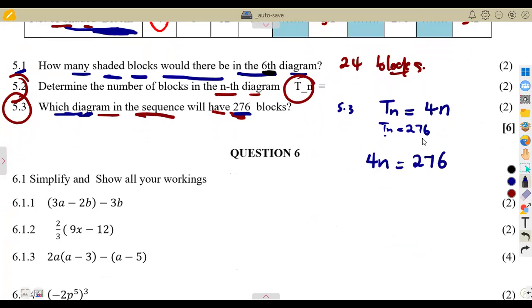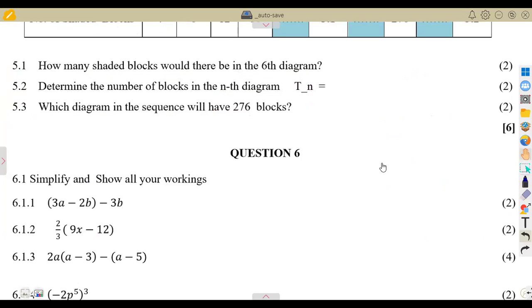You are supposed to calculate to determine n. Since you're multiplying, you are going to divide by 4 on both sides. So 276 divided by 4 gives us 69. So that's the 69th diagram we are talking about when answering this. It is just a continuation of what you're given there.